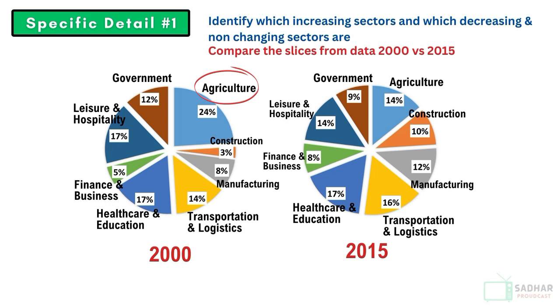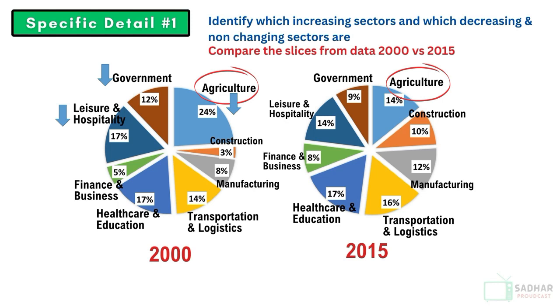First, we take a look at the agriculture sector. Right, on the left is the year 2000 and on the right is the year 2015. First, it is 24% and later it becomes 14%, which means it is down.